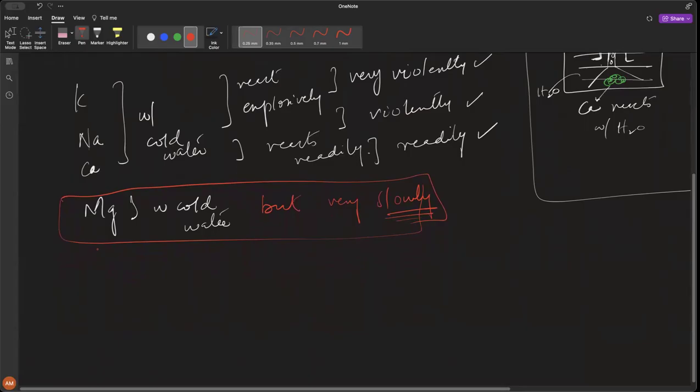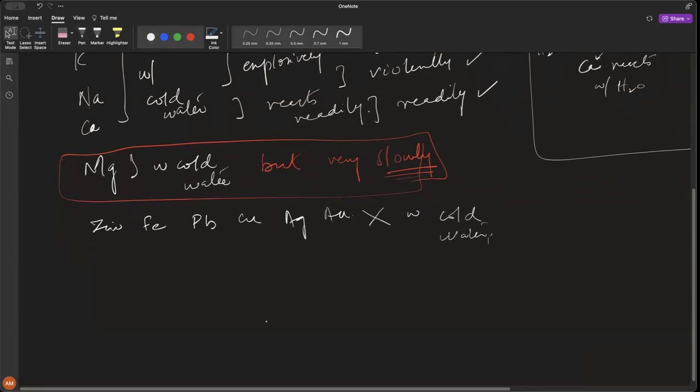For others, zinc, iron, all of that, they do not react. For zinc, iron, lead, copper, silver Ag, Au, no reaction with cold water.